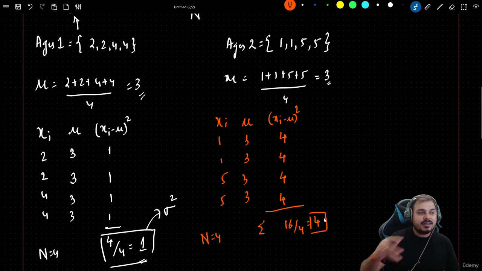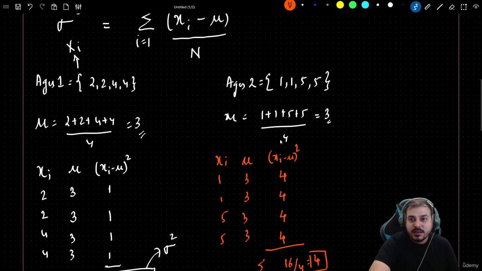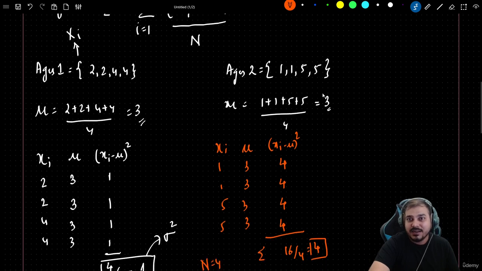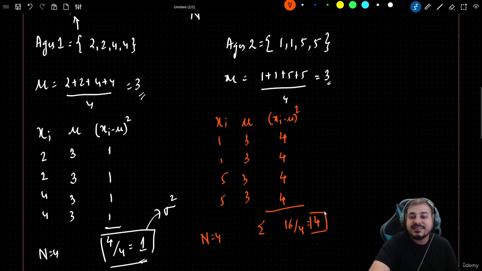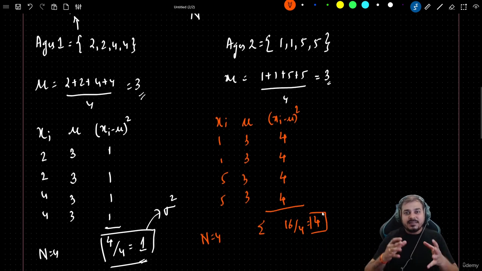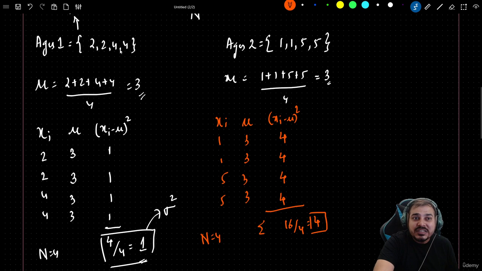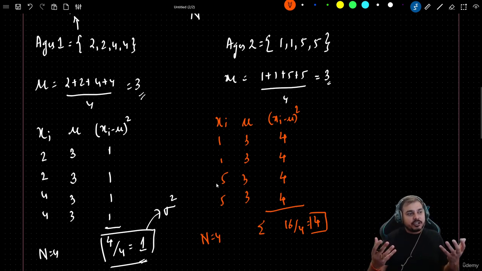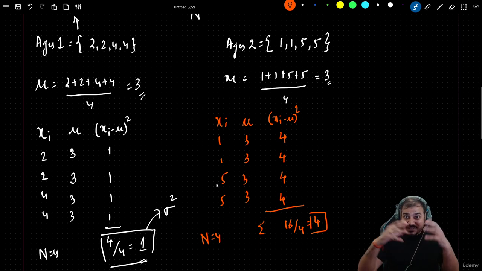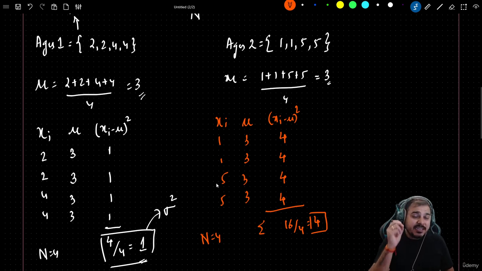Now let's see this, okay, this is very much important. You know that from the mean, the other elements are a little bit far. That is the reason you can see the variance as 4. That basically means the elements present in this particular distribution are quite dispersed when compared to this specific distribution. So if you really want to measure the dispersion of the data in a specific distribution, variance can definitely be used in an amazing way.